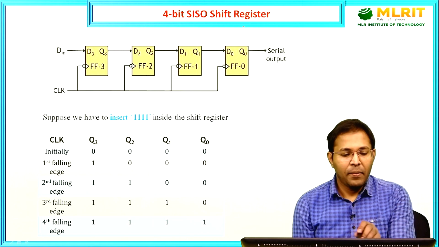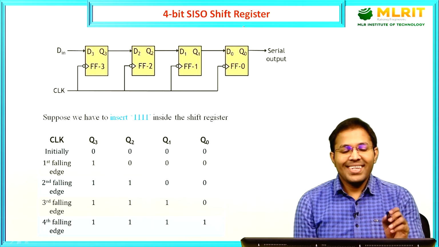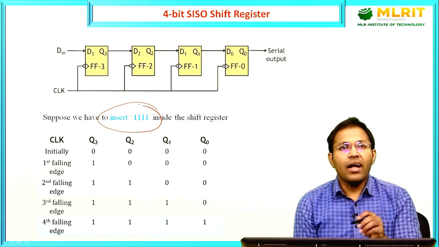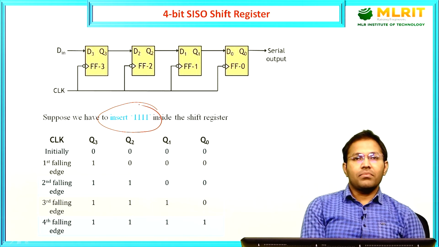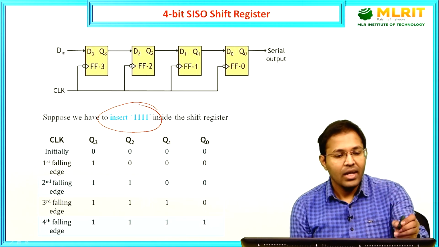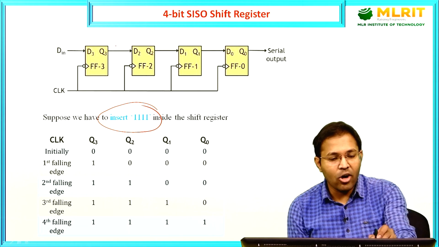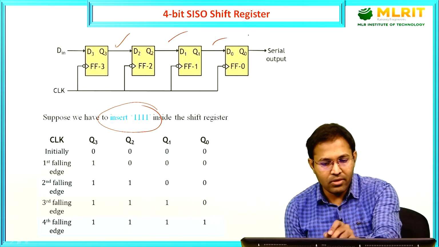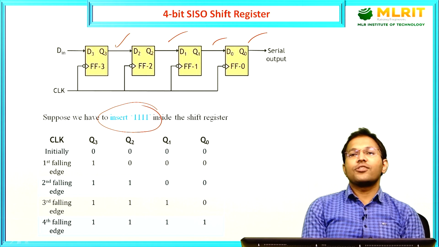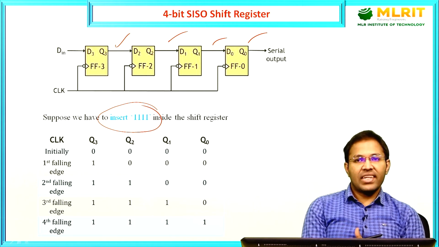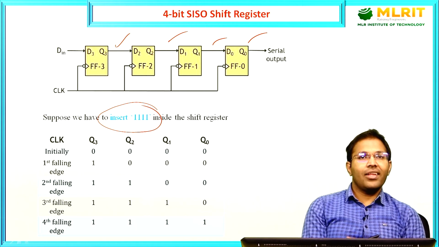Now, here what we will do is, let us say if you want to insert this data 1 1 1 1. It means initially all the outputs are zeros, okay, fine. This is how we assume in a shift register, initially all the outputs we take 0.